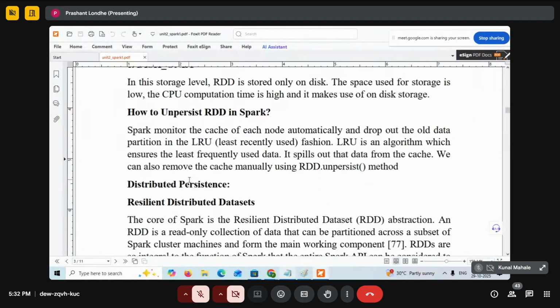Next is unpersisting an RDD. Whatever you have stored, you have to clear that particular thing, and accordingly it can be done with the help of unpersist. So it will clear all the data. Mostly it is going to use the LRU fashion. LRU means least recently used. So it ensures that the least frequently used data will be cleared.